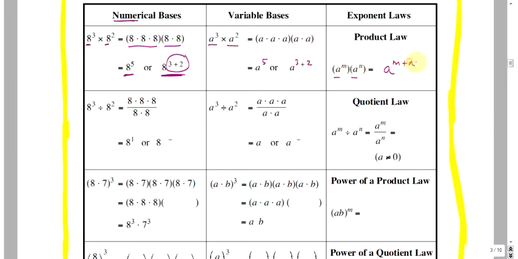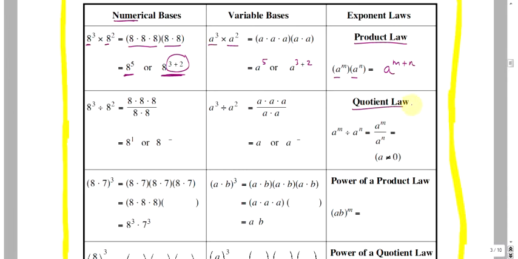You add them. Why is it m and n, you ask? Well, it doesn't matter. They could have used any letters here they wanted. Okay, R and S, P and Q, right? Another A and another B. What this is saying is, I don't care what A is. I don't care what M and N are. You can do this for anything. All right? That's multiplication or product law.